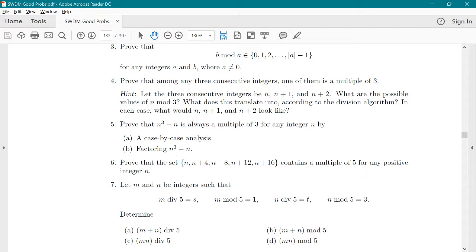Yeah. So prove that that set contains a multiple of 5.